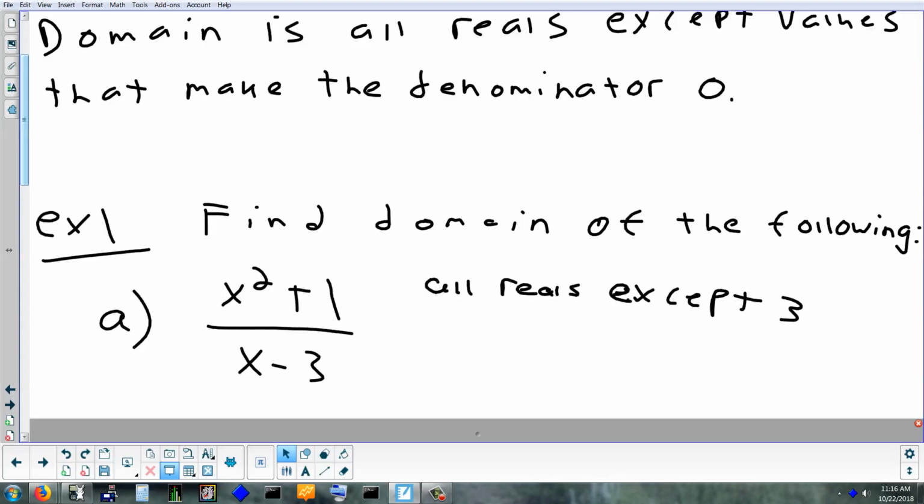Or you could say it's every number from negative infinity up to, but not including 3, or any number from 3 to infinity, not including 3. I'm showing you both ways because if it's a multiple choice question, you might see this notation rather than it written out in words. Questions on why it's 3 or the 2 different ways I wrote the answer?